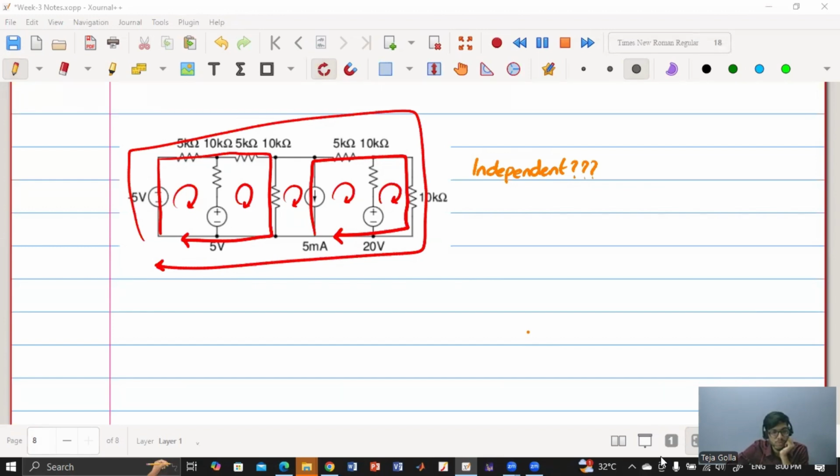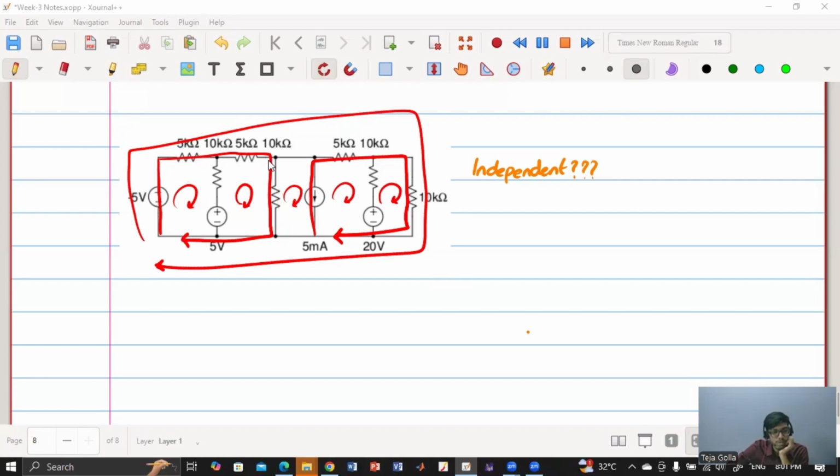Actually, what I was telling is that the number of meshes is five. So can we say that the number of independent equations is equal to the number of meshes? Yes, but the number of independent KVL equations, I'm saying this is also a mesh, right?